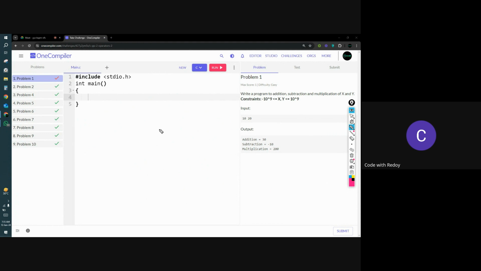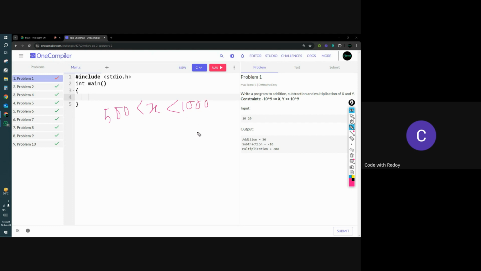Now, if you want to write this condition in mathematical terms, you can write it this way: 500 less than x and x less than 1000.